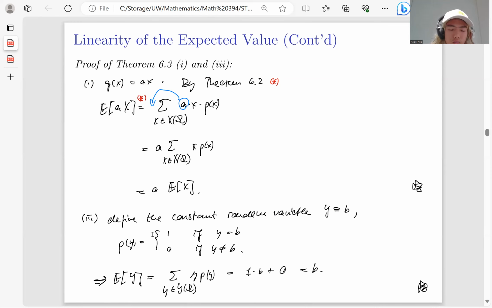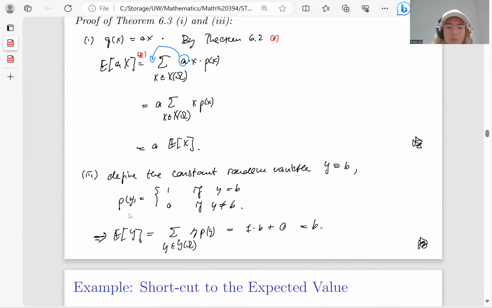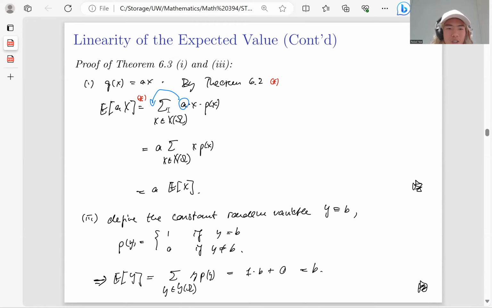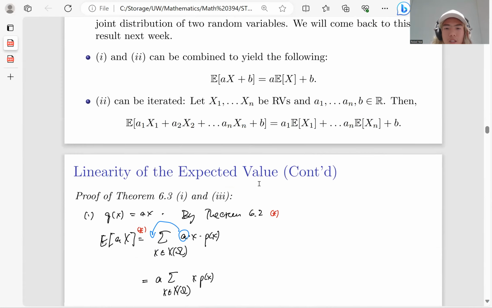And for the last one, because b is a constant, there is only probability 1 for b to occur, and probability 0 that b doesn't occur, since Y not equal to b is not possible, so it's 0. So you can have a look at this page. The second property is harder to prove, and we're not able to do that for now.